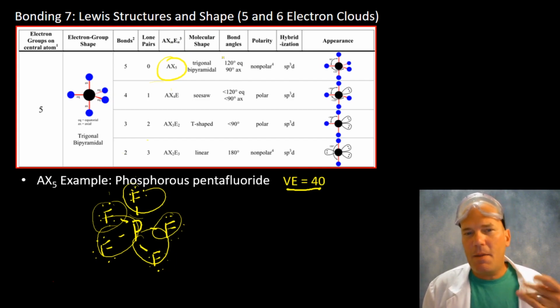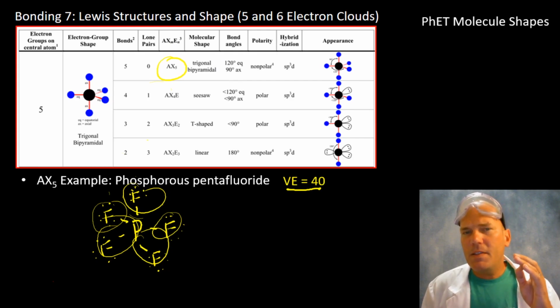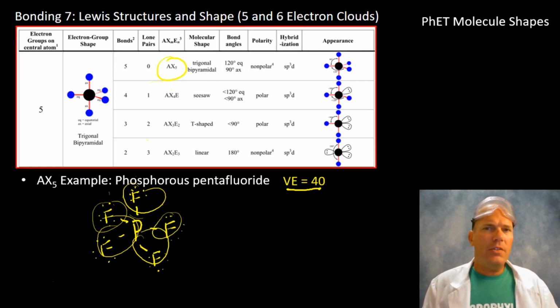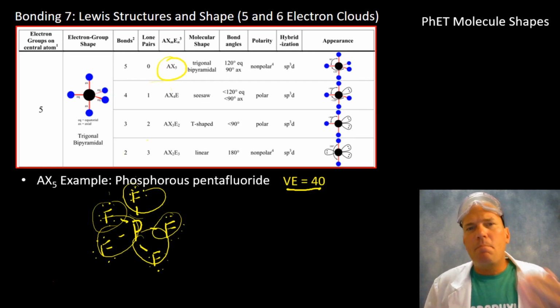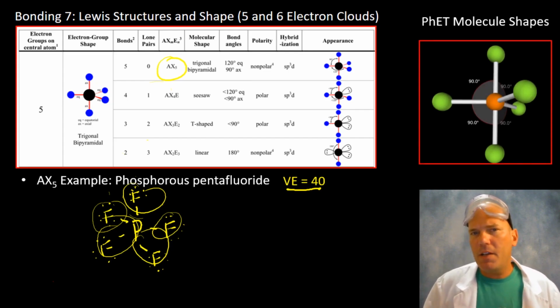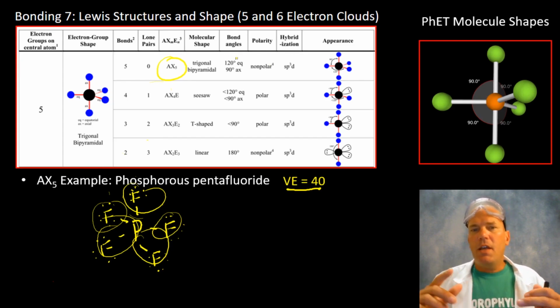Now, the bond angles. Let's take a look at a PhET image here. And remember that this is a website. If you would like to open this in your browser while you're going through this video, I'd encourage that. Just Google PhET molecule shapes and it'll open the program that I showed you in the last video. Okay, so this gives you a really good idea. So we have what are called the axial bond angles and the equatorial bond angles.